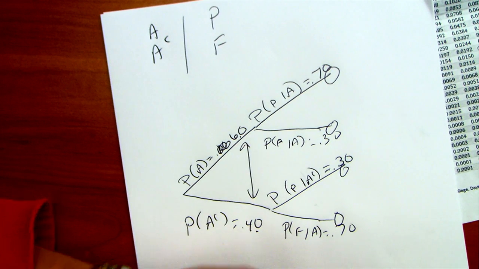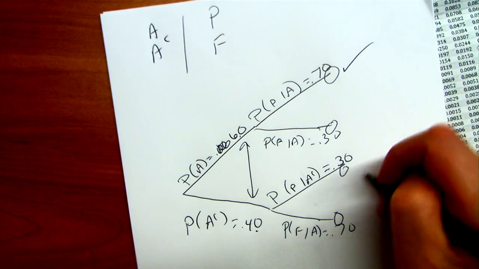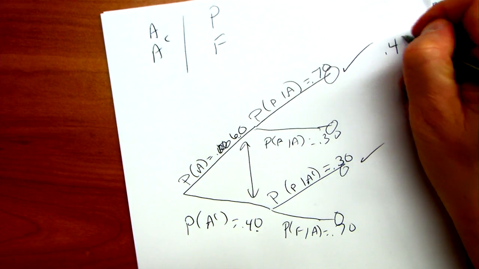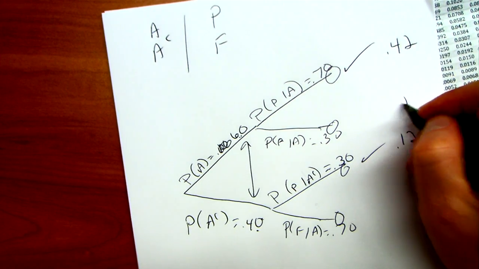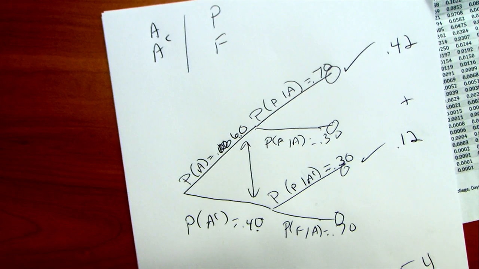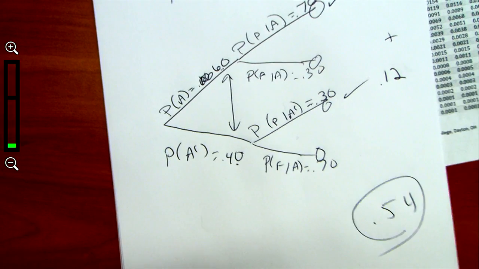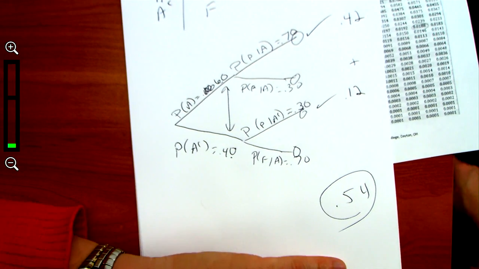If I asked you what percentage pass, let's see, these guys pass and these guys pass. So 60% times 70% is 42%. 40% times 30% is 12%. 54% of Dr. Miko's students, well, it's going to get an A really, but we said pass.